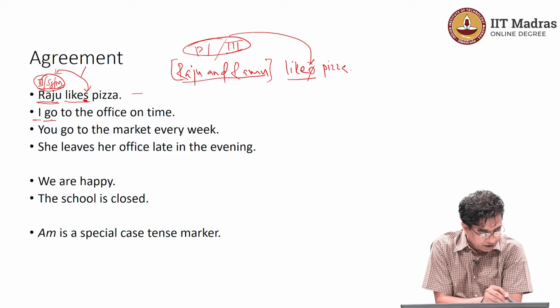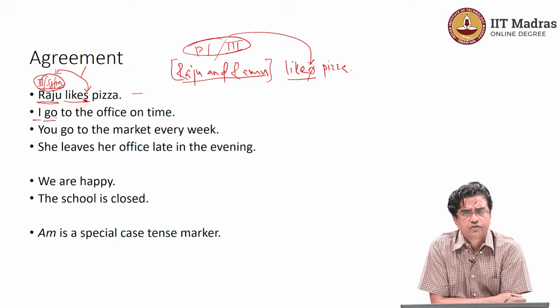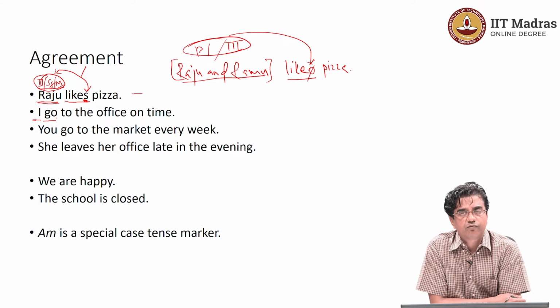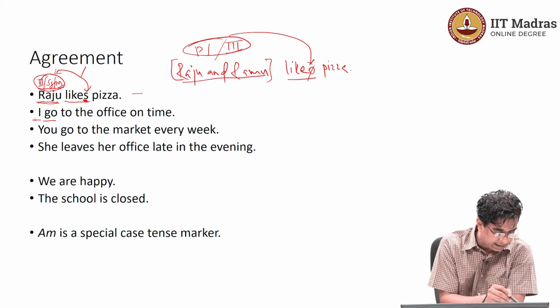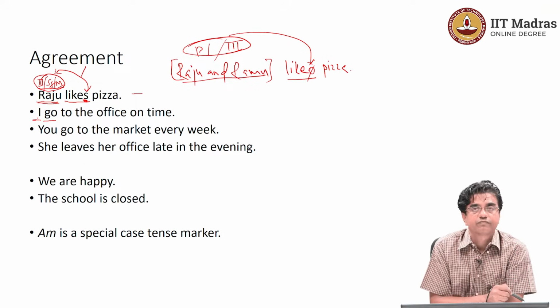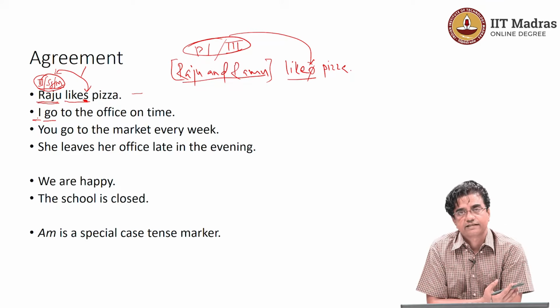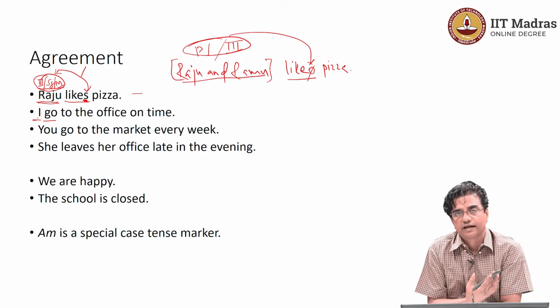We see 0 marking on the verb, so it seems like we are following plurality as agreement, but I as a first person pronoun has a special status in the language, and therefore it follows the same pattern as plural subjects will follow.